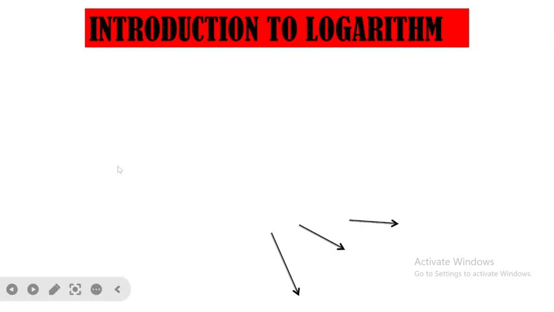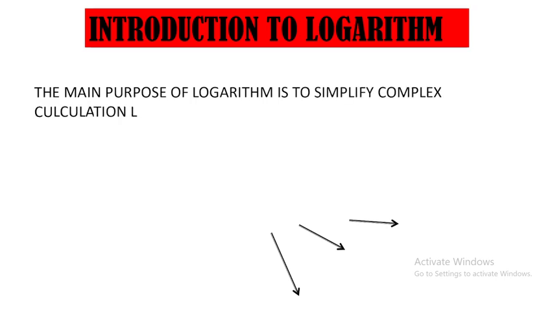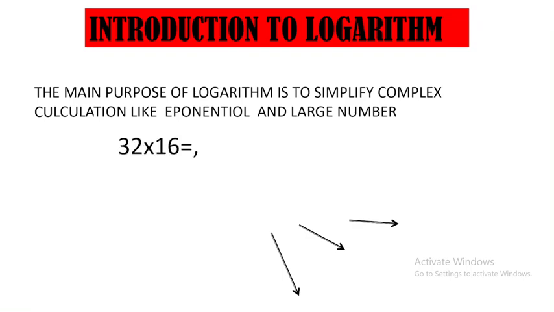First of all, the main purpose of logarithm is to simplify complex calculations like exponentials and large numbers. Let's see an example of a complex calculation: 32 times 16, where 32 is raised in base 2, we get 2 power 5, and 16 is raised in base 2, where we get 2 power 4.